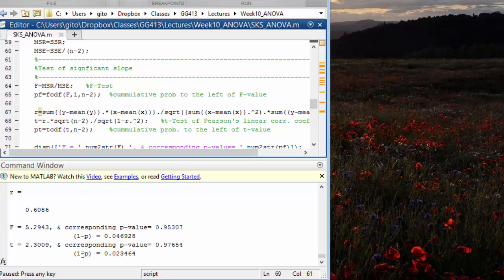And it turns out that 1 minus p for the t distribution is exactly half of 1 minus p for the f-test. So the f-test and t-test are giving consistent results, and they're essentially the same test.